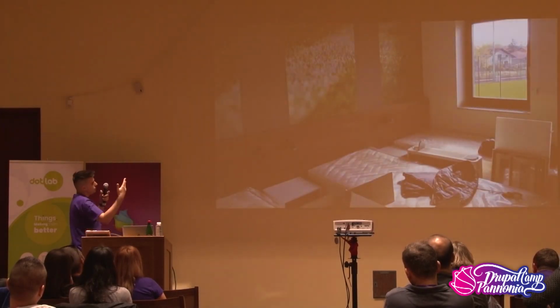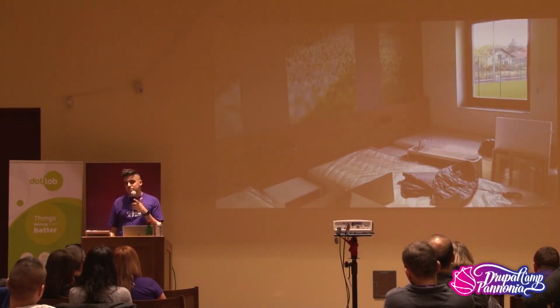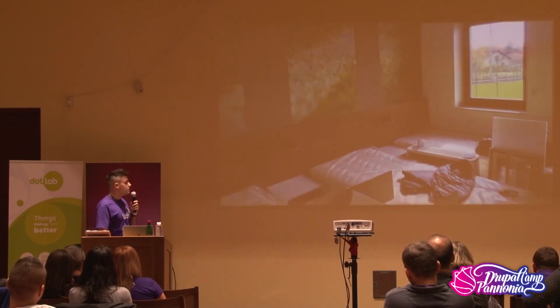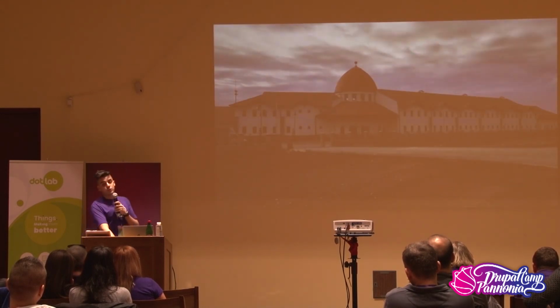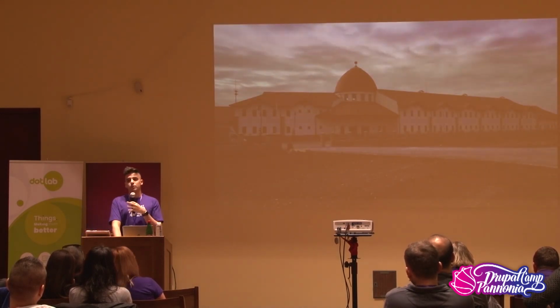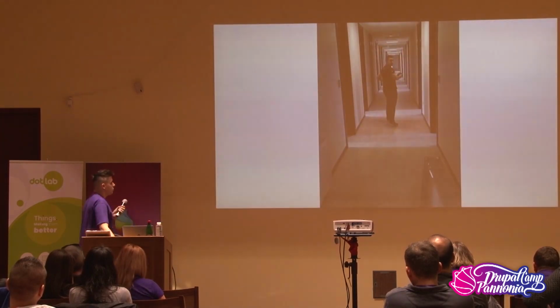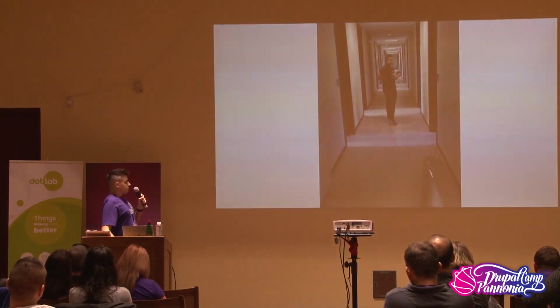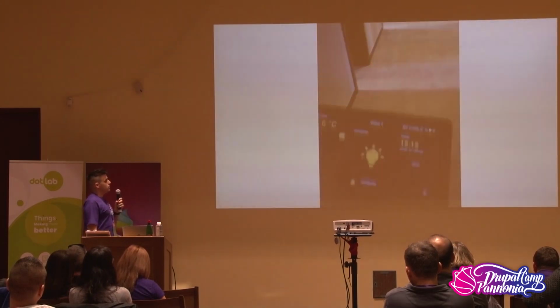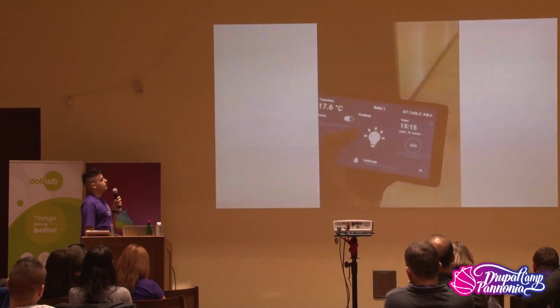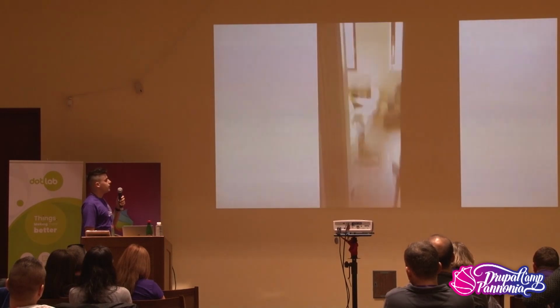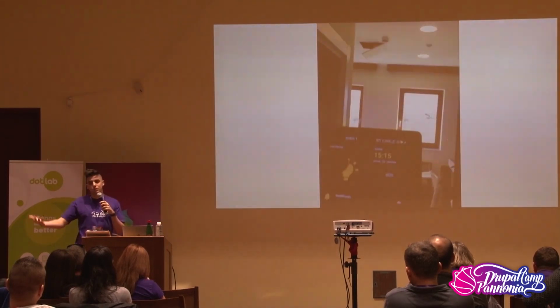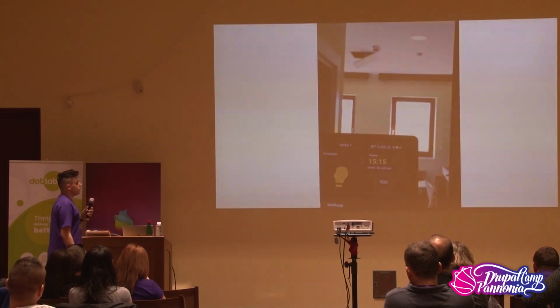This is how the rooms look. So just a classic hotel room used by the kids. And I have a few videos to show you how this works. So, for example, a person can control the lighting in their room by using the tablet, which is mounted on the wall, actually.